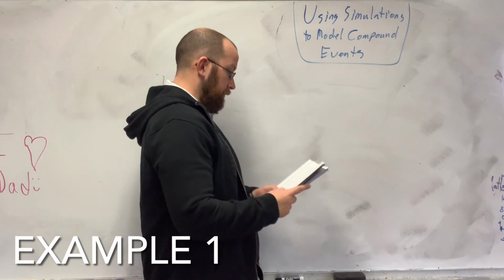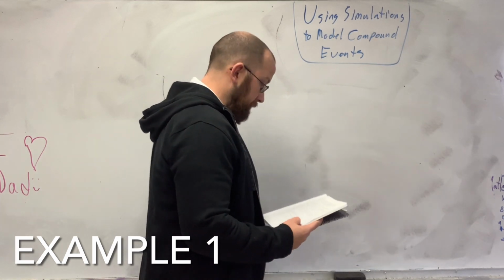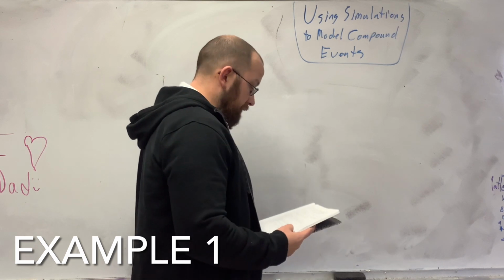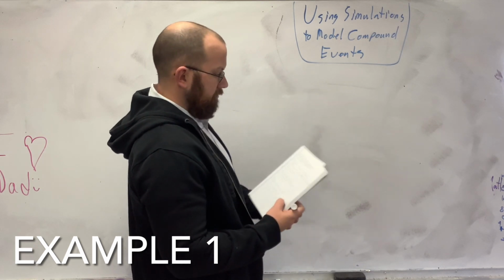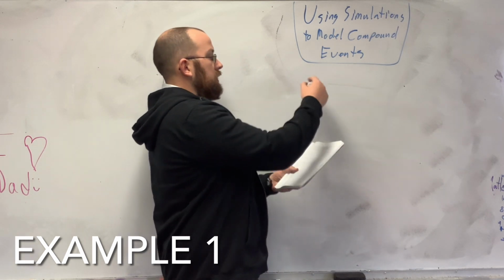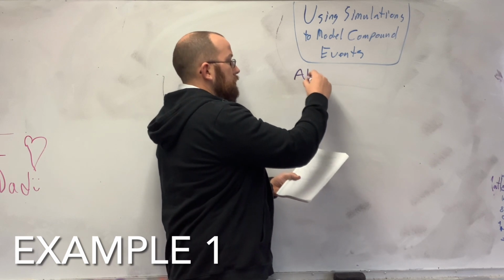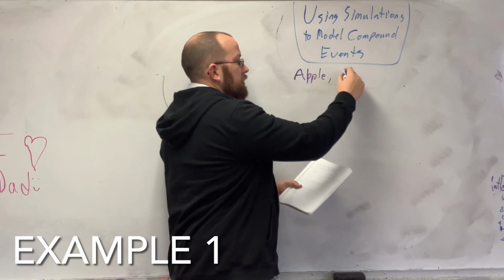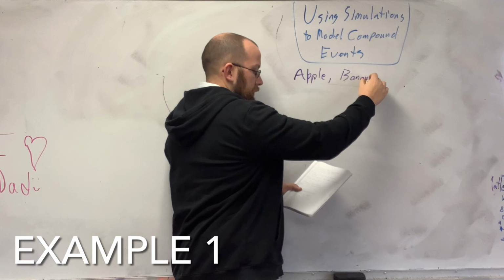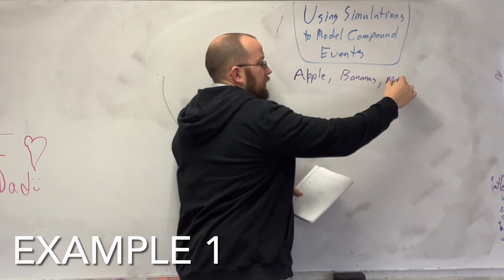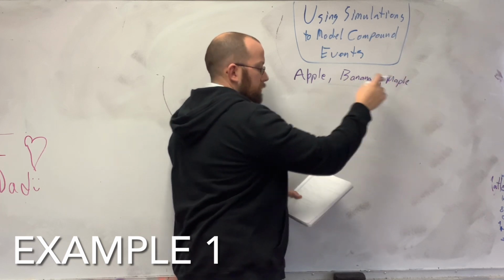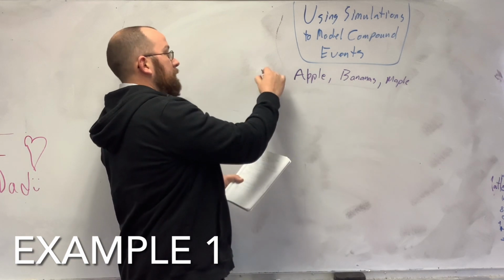So the first problem is, say I have 4 different oatmeal fruit flavors. I have apples, bananas, maple, and plain.